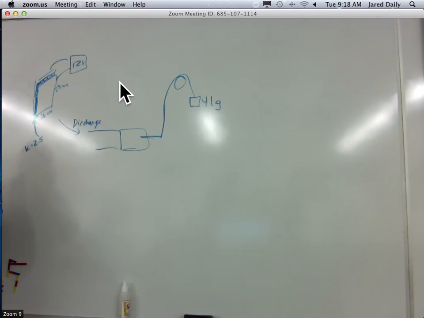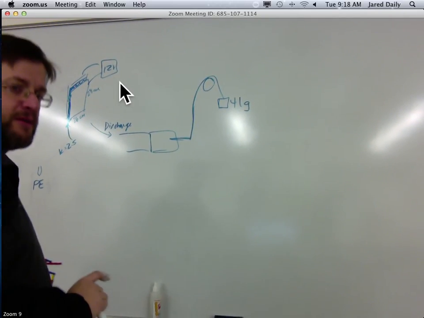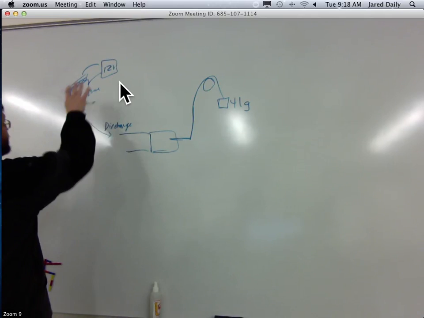So the first thing is I want to know the energy, which we use as U in the homework in the book. They call it PE, whatever you want to call it, potential energy. We have some energy stored in the capacitor.